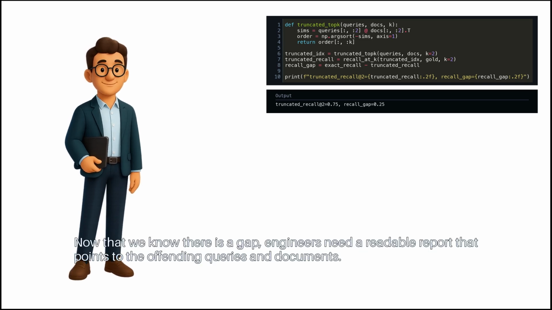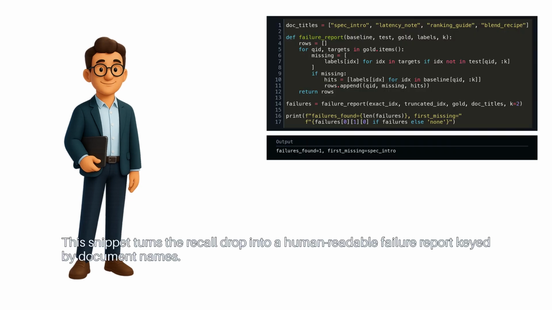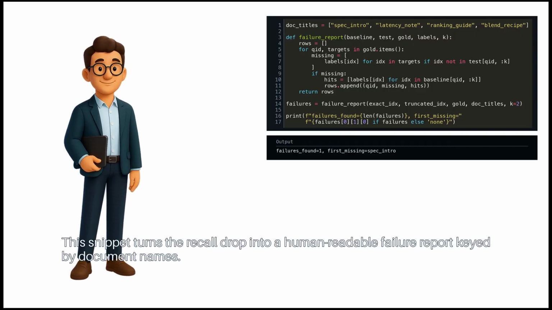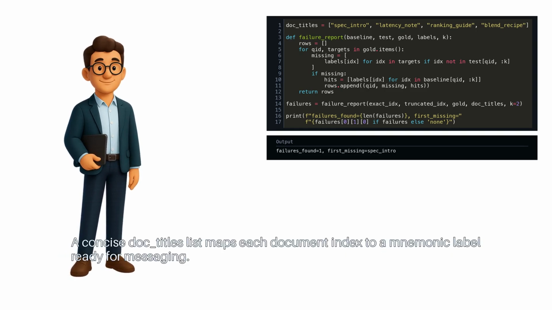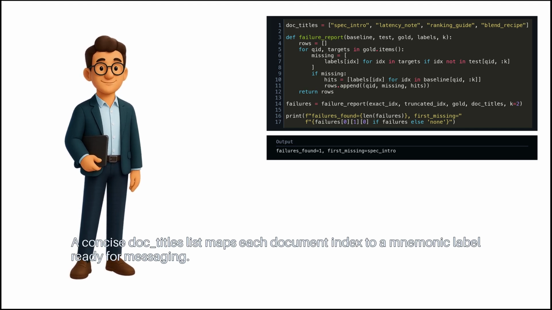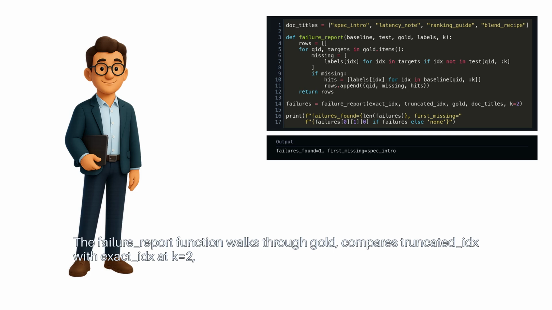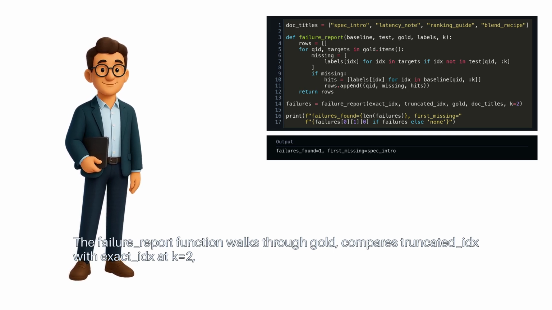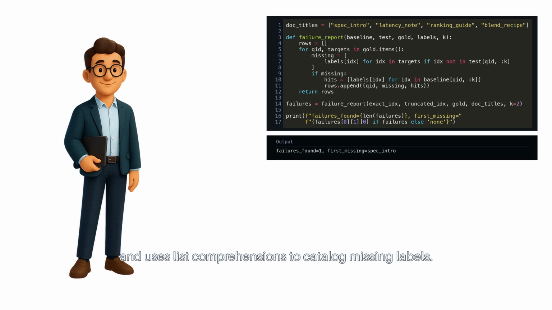Now that we know there is a gap, engineers need a readable report that points to the offending queries and documents. This snippet turns the recall drop into a human-readable failure report keyed by document names. A concise doc titles list maps each document index to a mnemonic label ready for messaging. The failure report function walks through gold, compares truncated idx with exact idx at k equals 2, and uses list comprehensions to catalog missing labels.